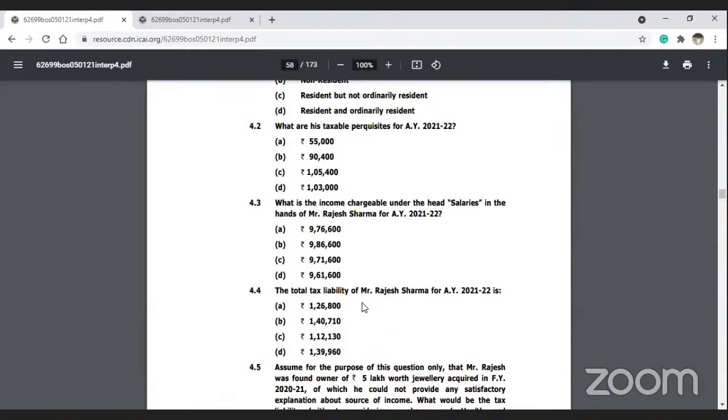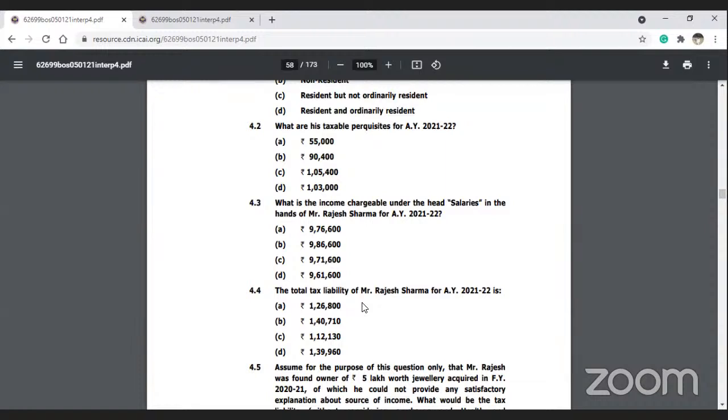Okay. Even I am getting 1,26,800. Yes, that's it. Everyone understood the calculation? Or do I have to repeat it? 1,26,796.8, yes, correct. So it is rounded off. Let's go to 4.5.